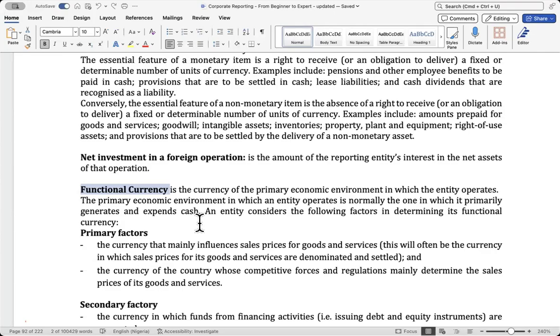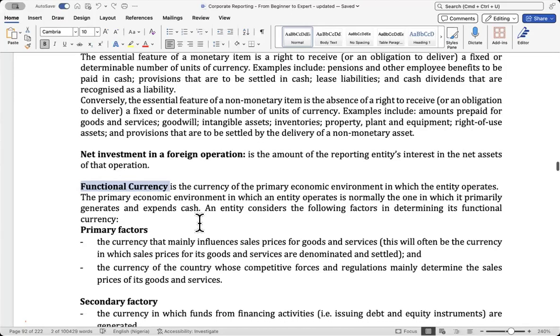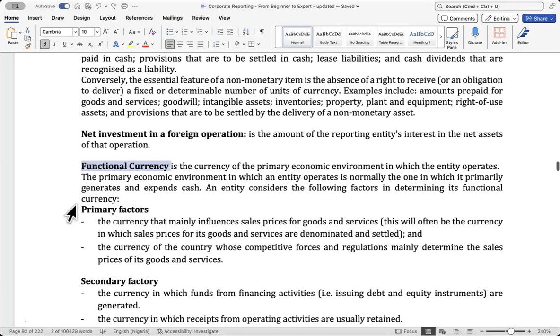So basically it is the currency of the primary economic environment, which is the environment where you generate and expend cash. In determining functional currency, there are two primary factors, which are the key ones.